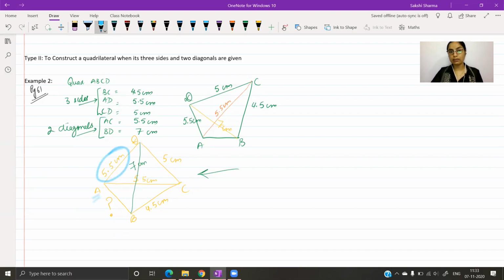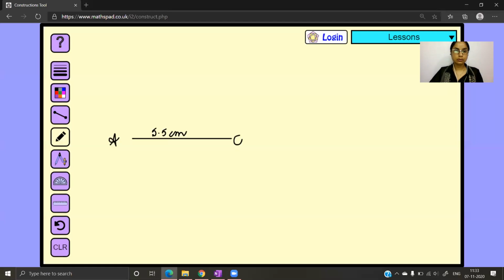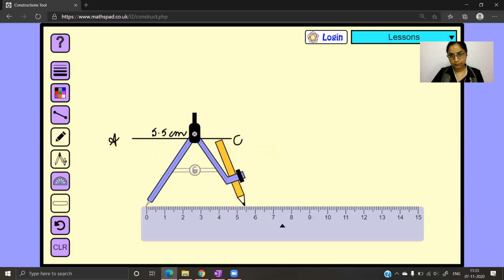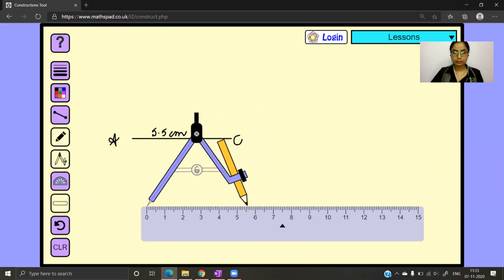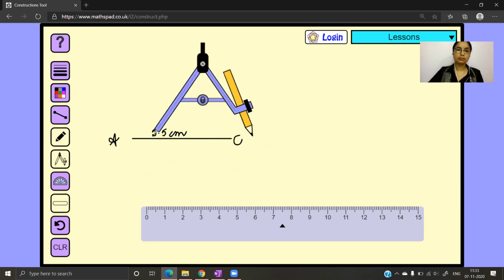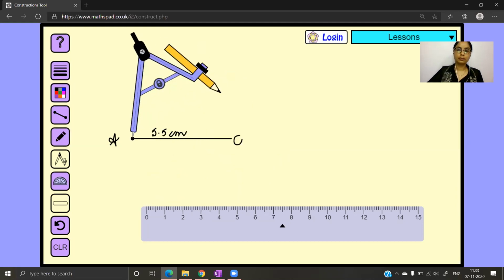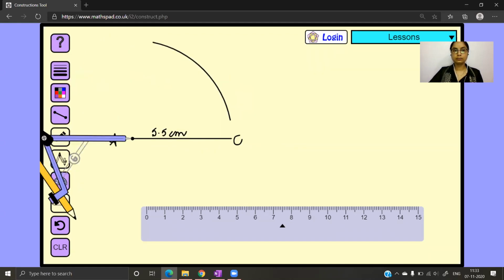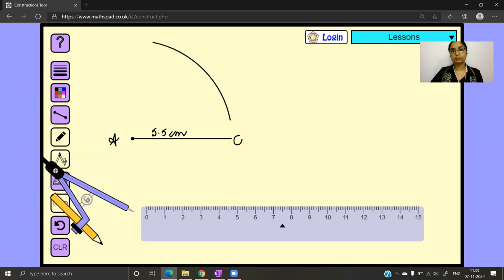Draw an arc with radius 5.5 centimeters from point A above the diagonal. So I'm going to open the compass 5.5 centimeters in radius and draw an arc above the diagonal. This is from point A with radius 5.5 centimeters.